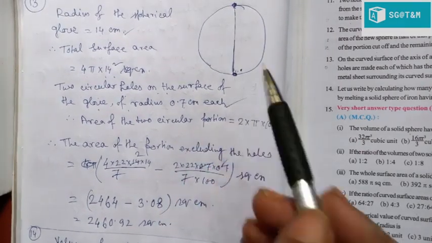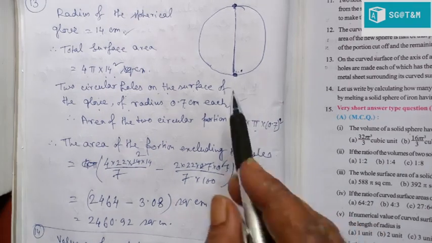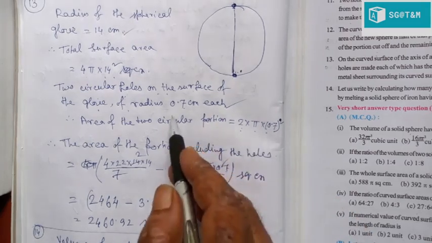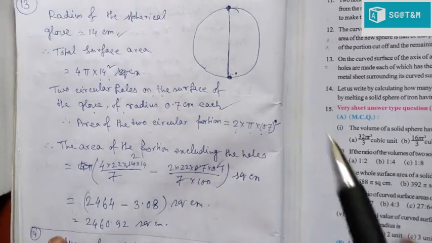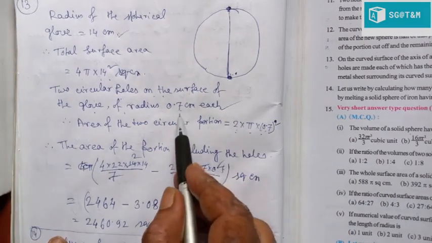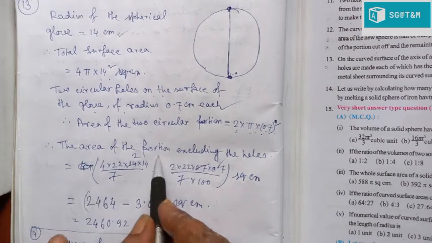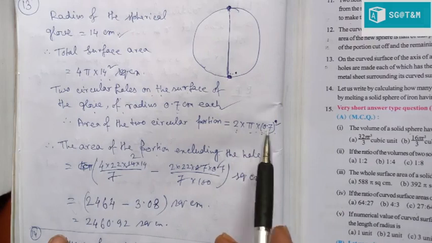So the area of these holes: pi r square for 1, so 2 into pi r square for 2, that is 2 pi into 0.7 square, where r is the radius of the hole, 0.7. The area of the portion excluding the holes is the total area minus the area of this portion.